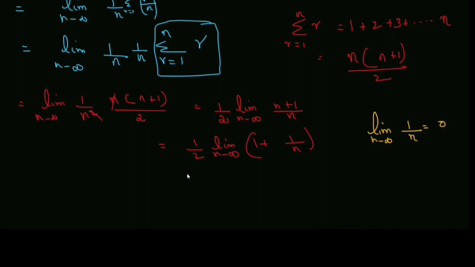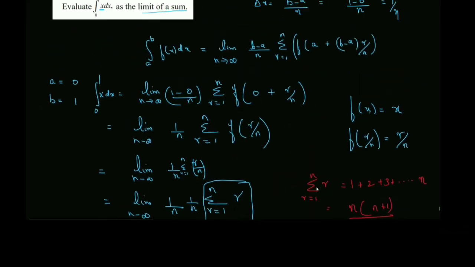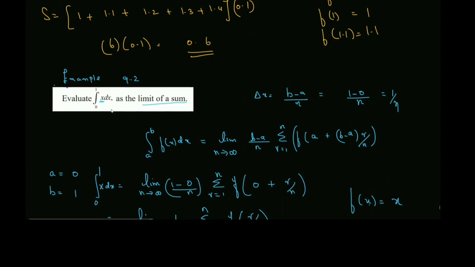So this term will become 0. So 1 by 2, this is 0. When you apply the limit n tends to infinity, you are left with 1 plus 0. So the answer is 1 by 2. The value of the integral from 0 to 1 of x dx is equal to 1 by 2.